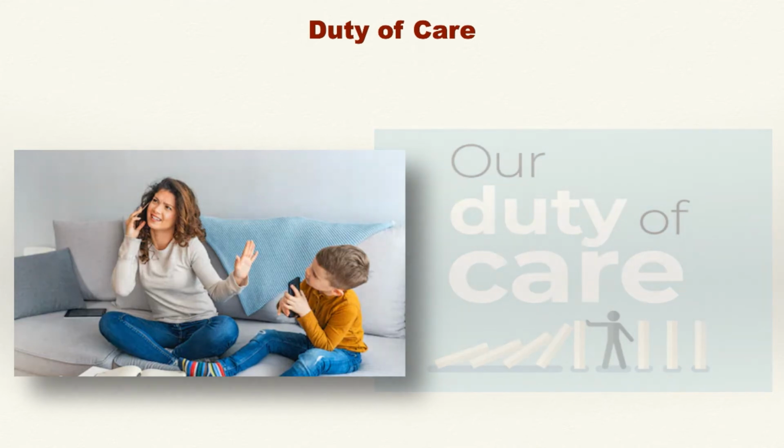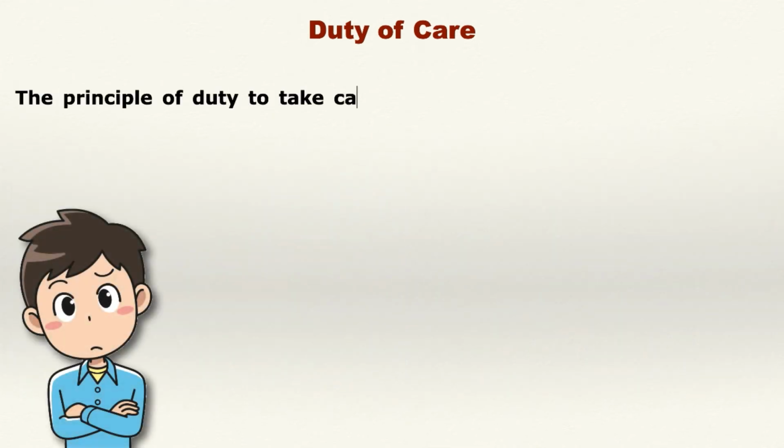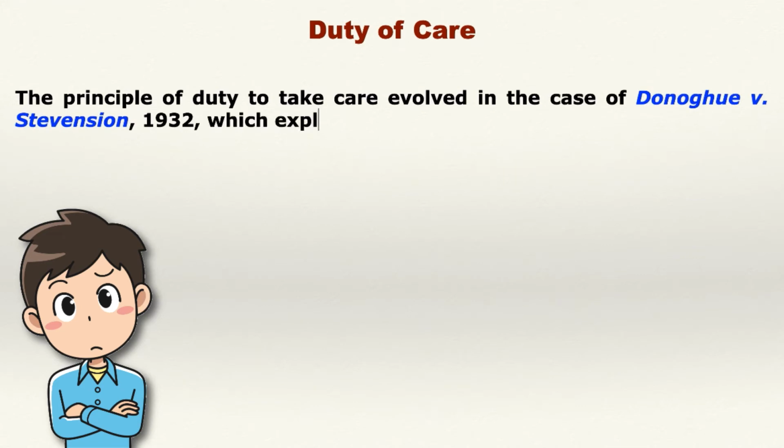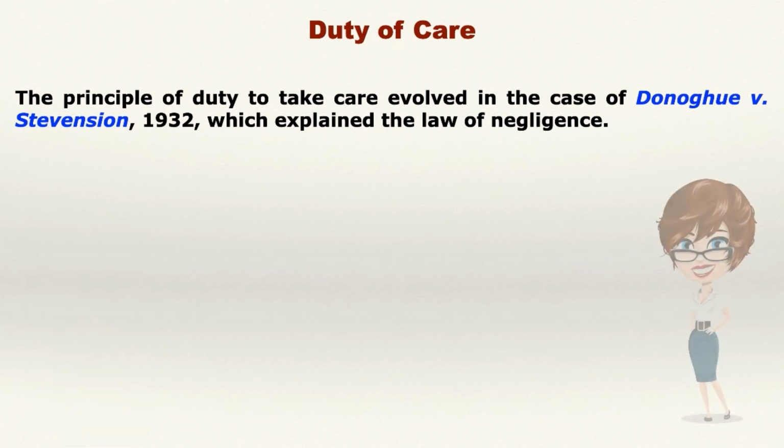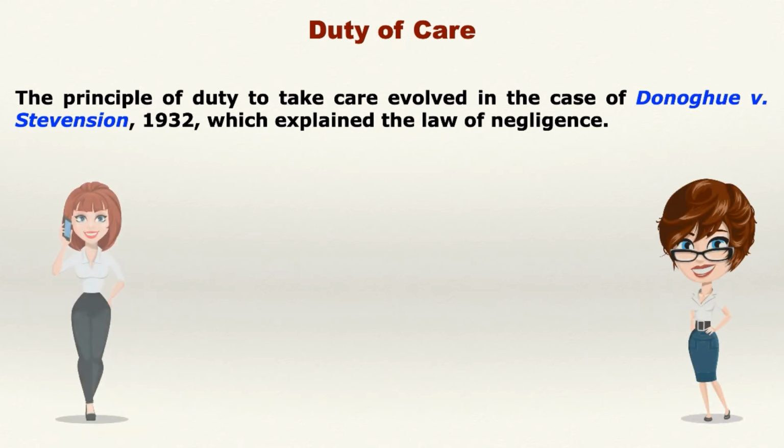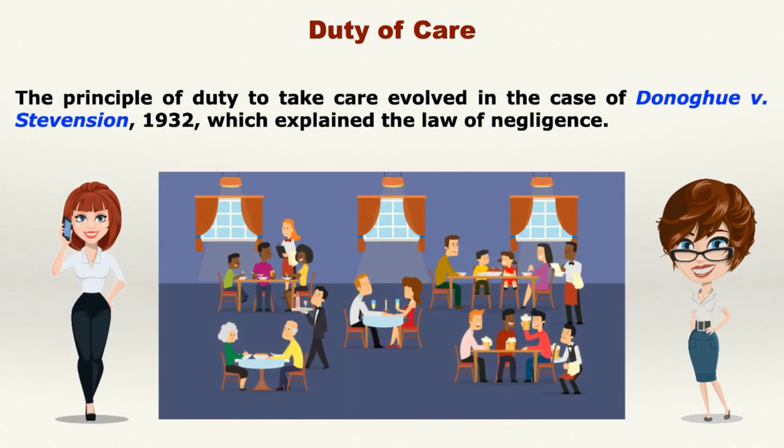So the principle of duty to take care evolved in the case of Donoghue versus Stevenson in 1932. This case explained the law of negligence. It's a very interesting case. What happened? An English lady who was invited by her friend went to a restaurant to meet with her.